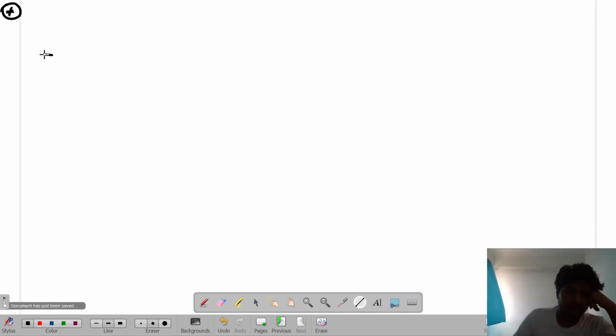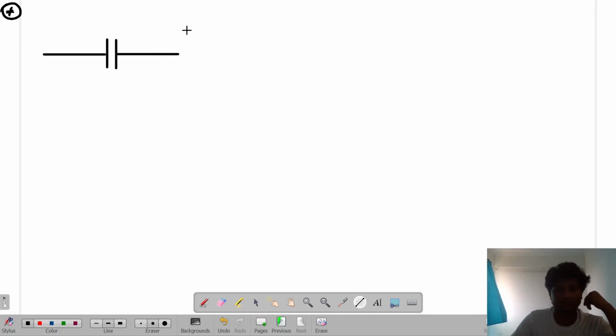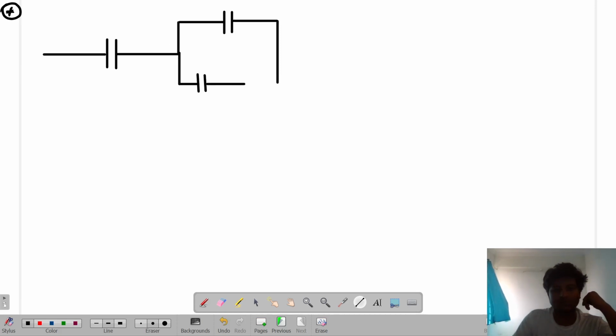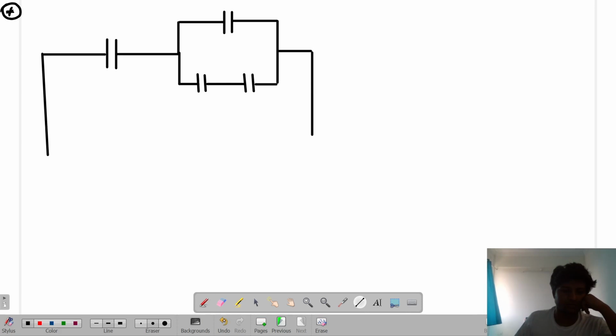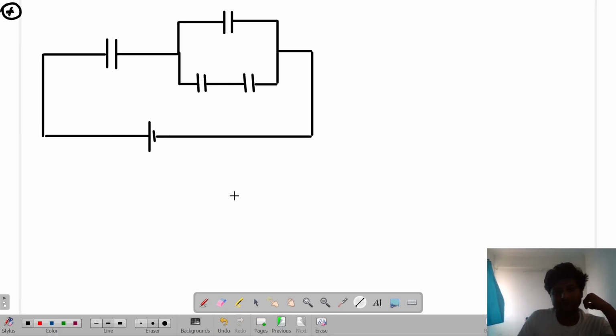So look over here, board right, let's suppose this is the circuit given over here, and I connect this up with a battery of 10 volts.